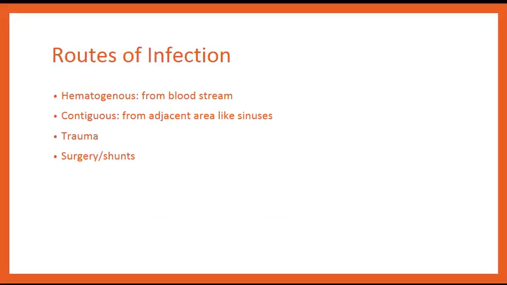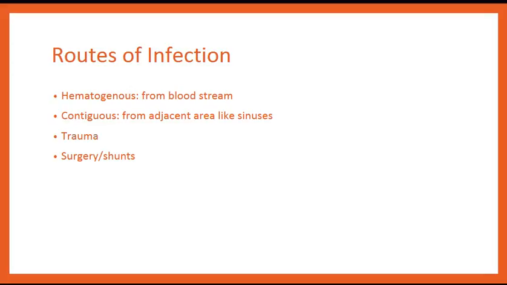Okay, so how do these organisms get in there? There are 4 ways that the organisms travel. The first one is hematogenous, from the bloodstream. In this case, the patient is septic, and there are organisms in their bloodstream, and it crosses the blood-brain barrier and gets into the spinal fluid.